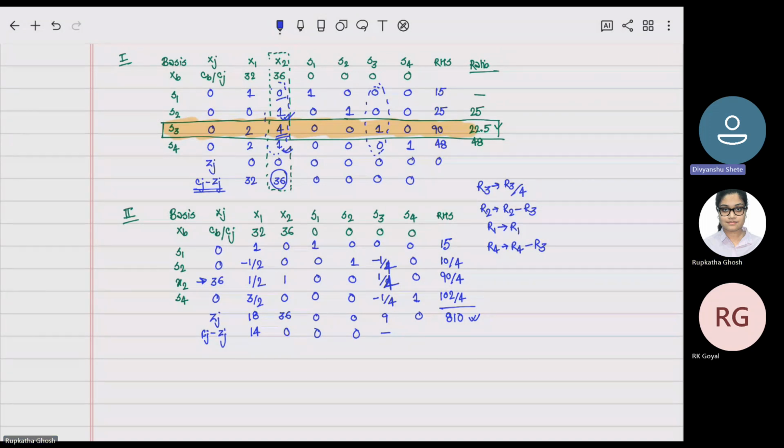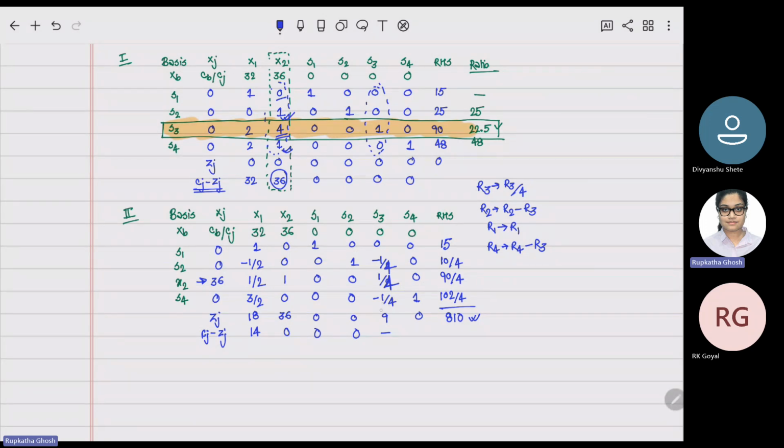Ma'am, in the S4 row and S3 column, the value would be minus 1 by 16. Where? S4 row and S3 column, means S4 row Zj value is 9 and S3 column.